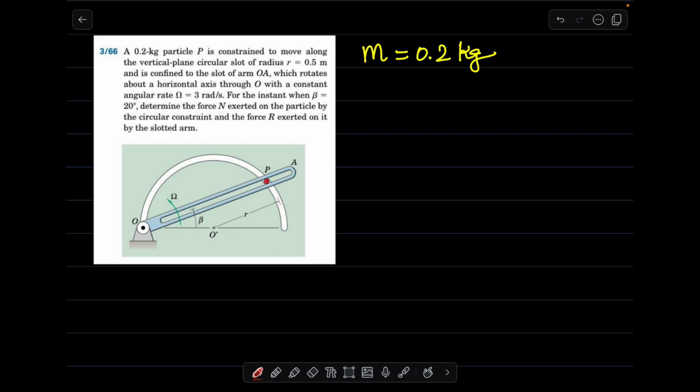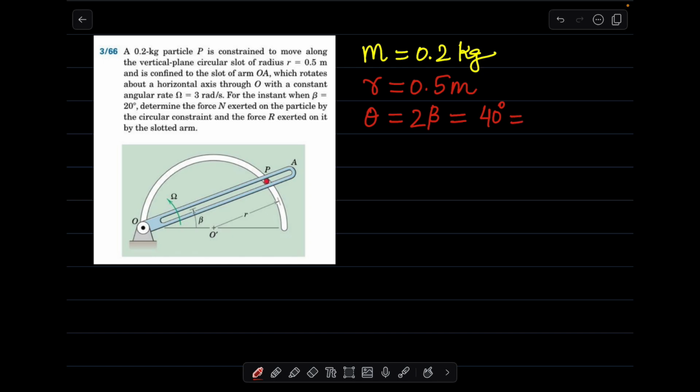The mass is given, R is given as 0.5 meter, and the theta value is given. I will tell you how to calculate this theta. Theta will be equal to 2 beta, and the beta value given in this problem is 40.